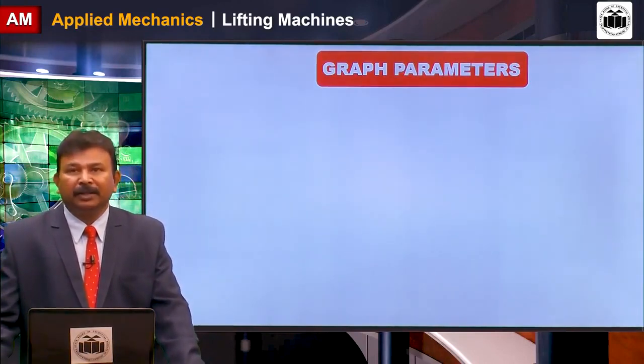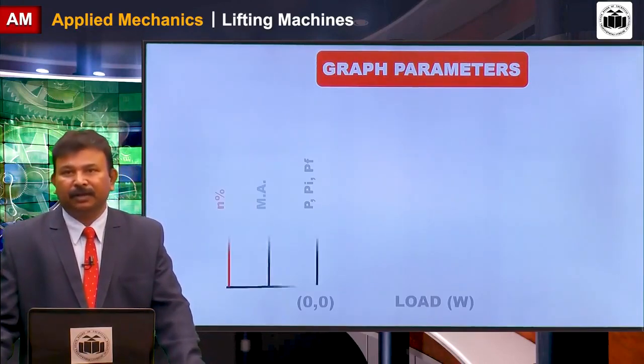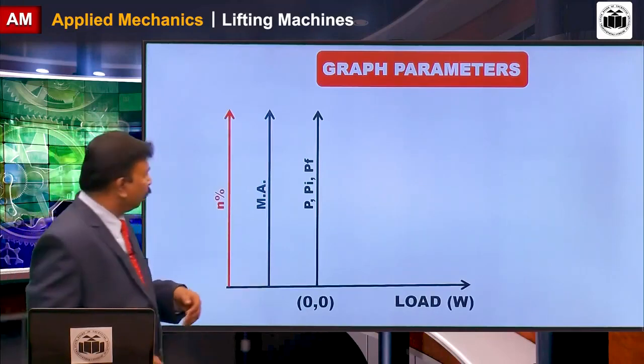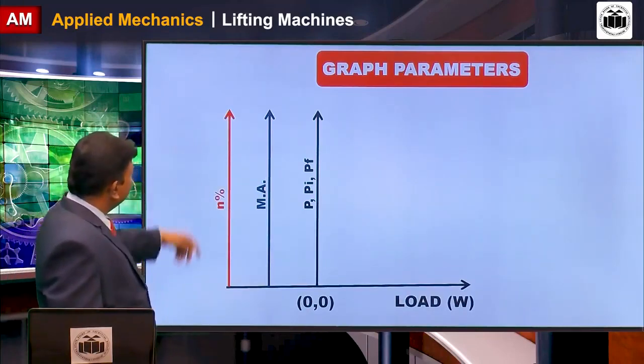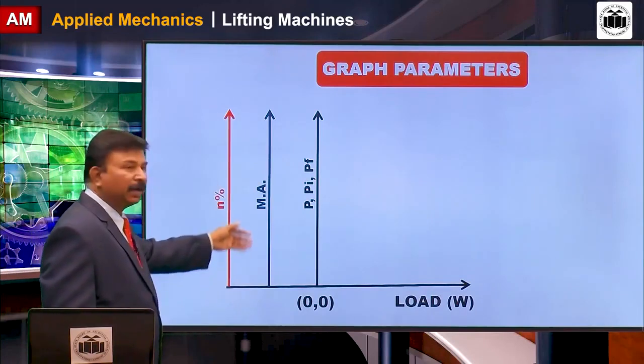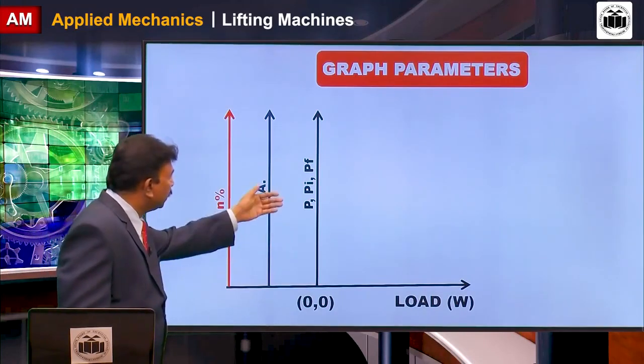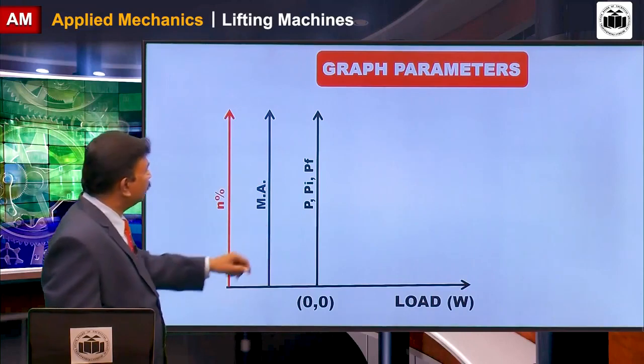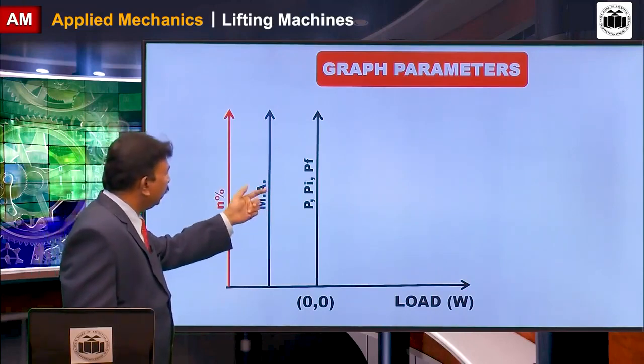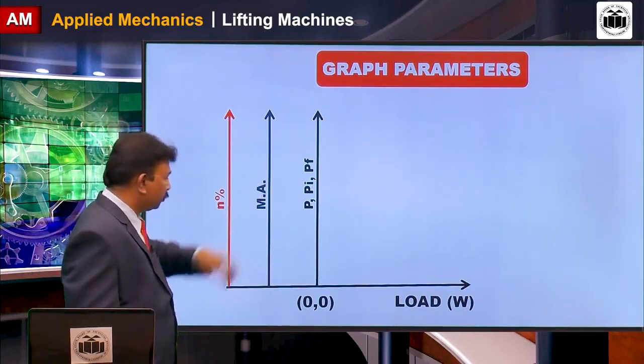Now, we are plotting these graph parameters like this. I draw three vertical axes: efficiency, mechanical advantage, and the third axis has three parameters: actual effort, ideal effort, and effort lost in friction.